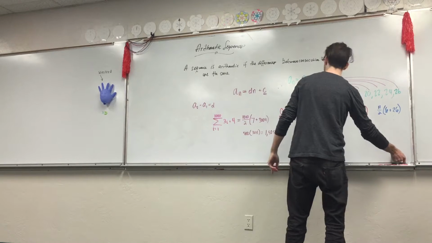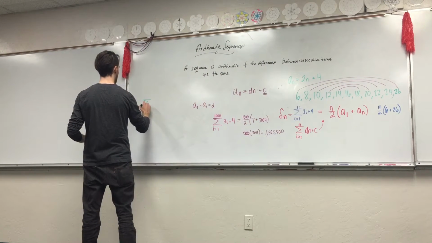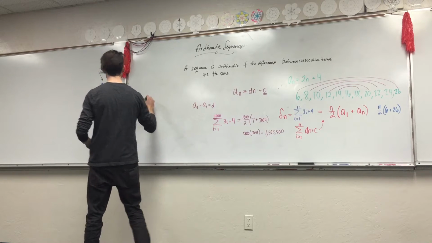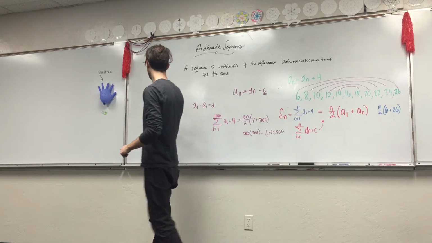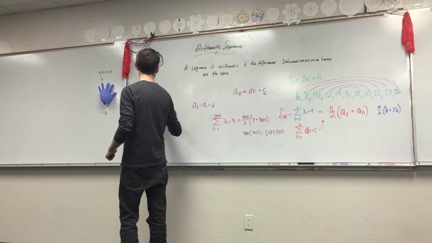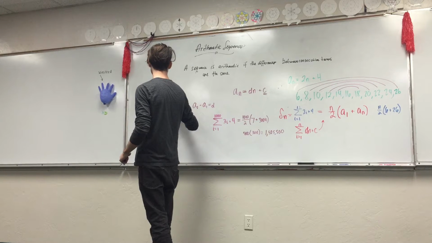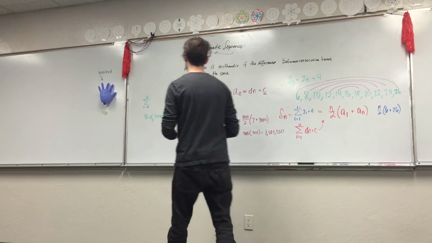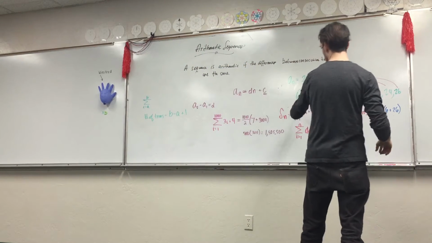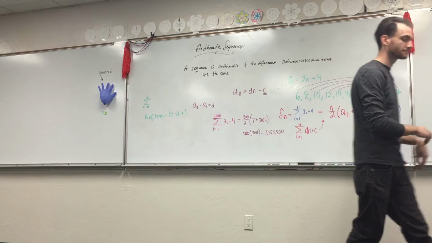So let me show this in a written way. If I take the sum from i equals a to b, then the number of terms equals b minus a plus 1. So that's how I get my number of terms, which is what goes here. Okay?